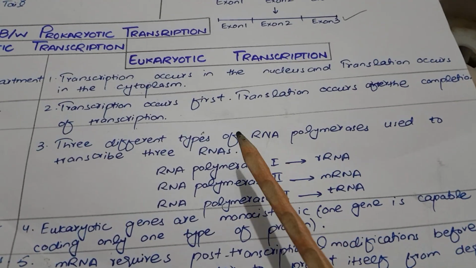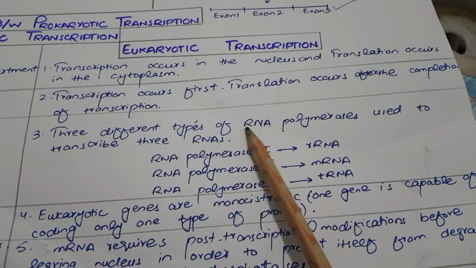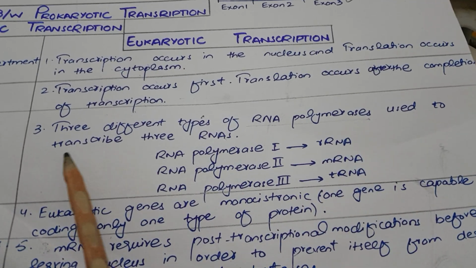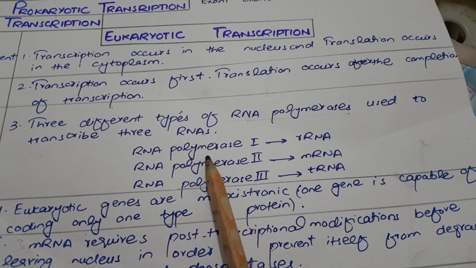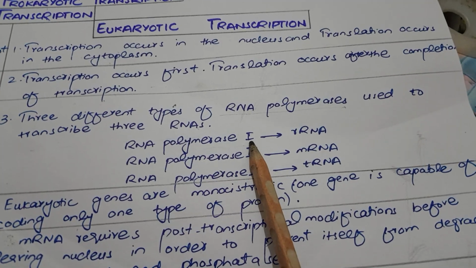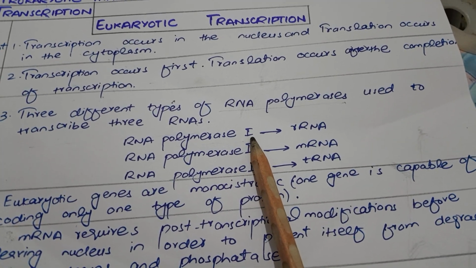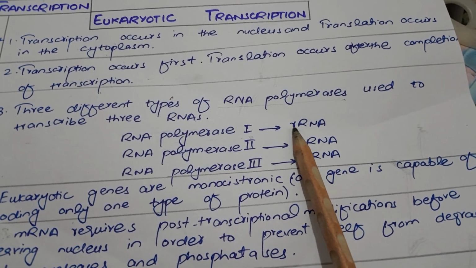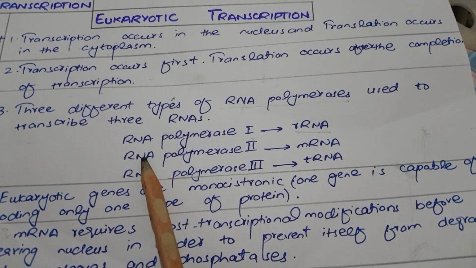But in case of eukaryotic transcription, there are different kinds of RNA polymerases which are used to transcribe the three RNAs. First one is RNA polymerase 1, which is required to transcribe ribosomal RNA, which are the subunits of ribosomes.